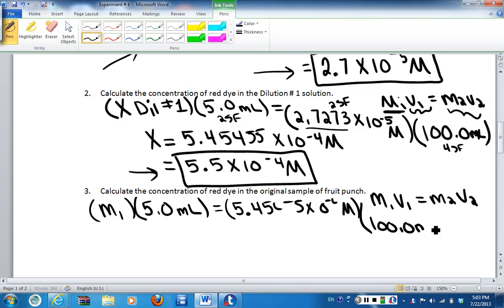So what this is saying is we took 5 mils of our original solution, we diluted it to 100 mils, but we know that concentration.